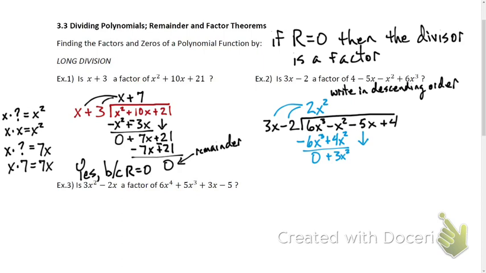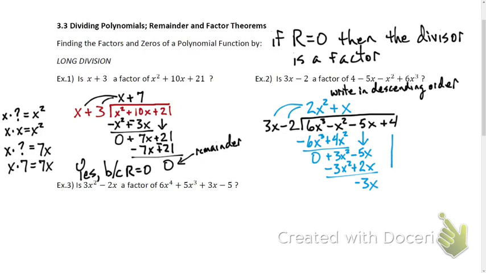Drop this guy straight down. All right, 3x times something gives me 3x squared, and that something is x. So 3x squared minus 2x. Flip the signs, and I get negative 3x.